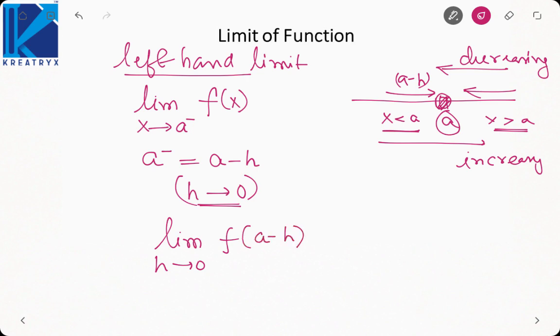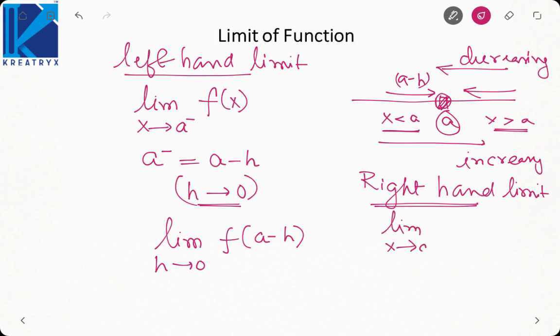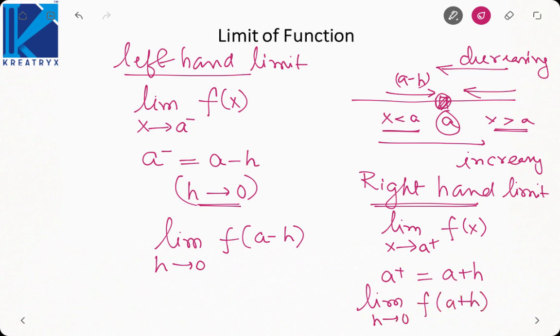Is it fine? Similarly, when we talk about right hand limit, then basically I will be approaching x from the right hand side. That is, I will be hovering around a point which is greater than a. So I will say limit x tending to a plus f(x). Again, a plus I will write as a plus h. So it will be written as limit h tending to 0 f of a plus h.